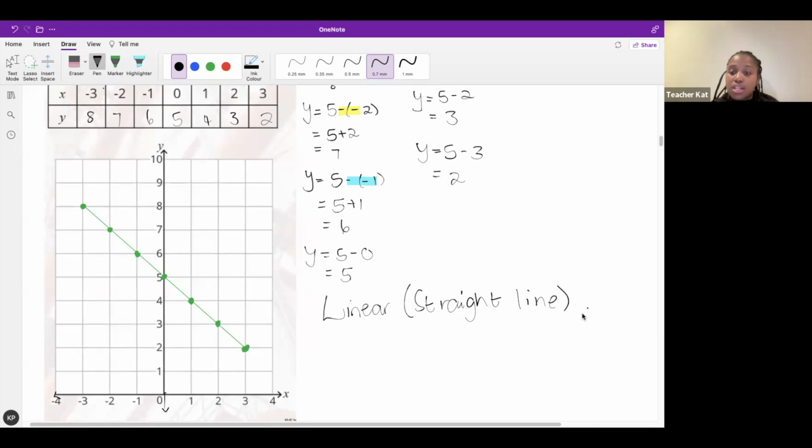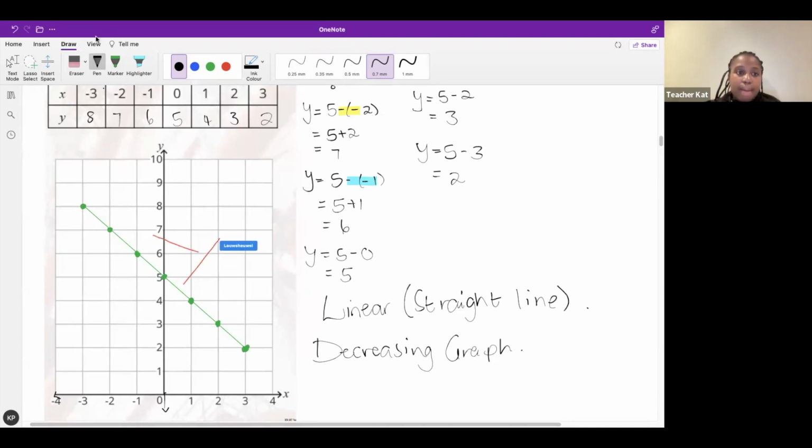That is correct. This is a decreasing graph. And how do we know that? Because my y values are going less and less and less. We started at 8, 7, 6, 5, 4, 3, 2. If this graph kept going, it would keep going less and less. It's a decreasing graph.